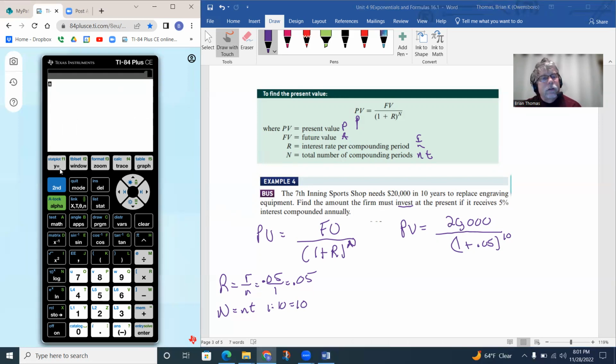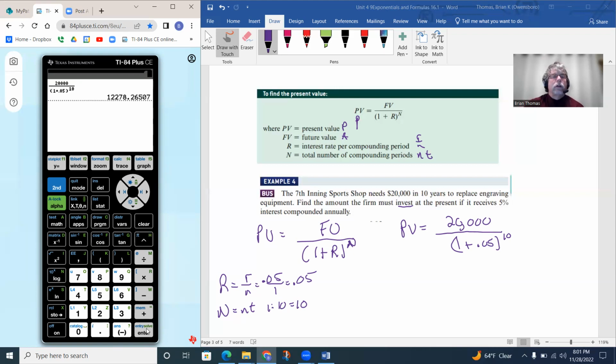So I'm going to use the alpha button. So I'm going to put the 20,000 on the top. And then on the bottom, I'm going to have in parentheses 1 plus 0.05, or you could write 1.05 if you wanted to, raised to the 10th power.